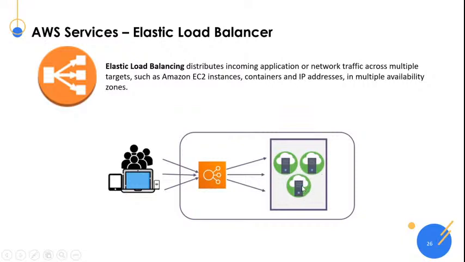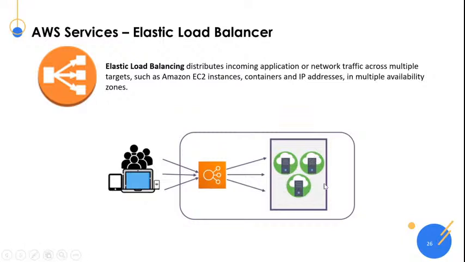Now, if you had just this one, in that case, what will happen is if there is any kind of fault in this particular server, my application will go down. So what I'll do is launch exact three copies of that server.